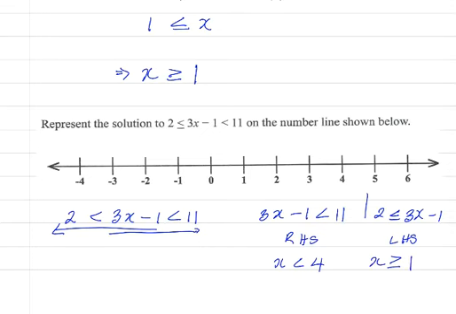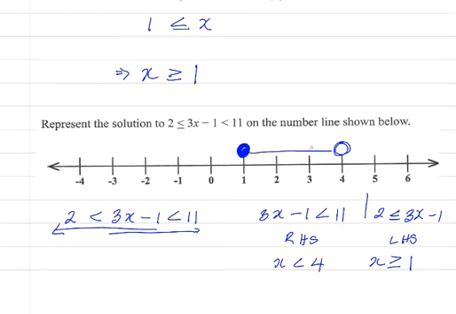At 1, I'm going to draw a circle and I'm going to shade it. The circle is indicating that x equal to 1 is a possible solution. At 4, I'm going to draw a circle and leave it unshaded, indicating that x cannot be 4. X is less than 4, it can't be 4.